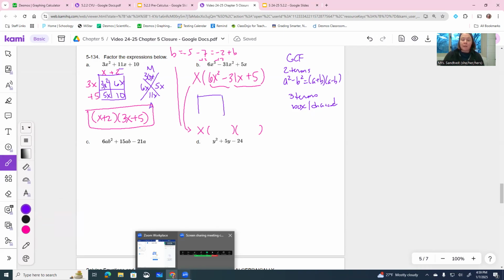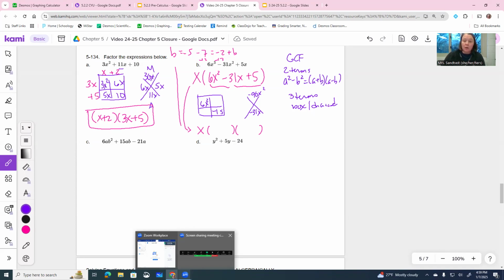So in my box, the squared term and the constant number go diagonal from each other. This is going to be negative 90x squared, and this is going to be negative 31x. So now I'm going to think, this says 5 and not 15.